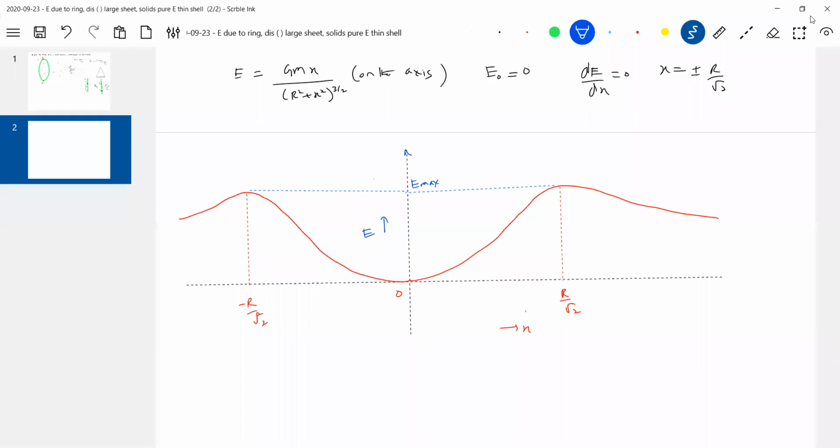Okay, I get this. So how to get that maximum value? In the given equation, substitute x equal to r by root 2.